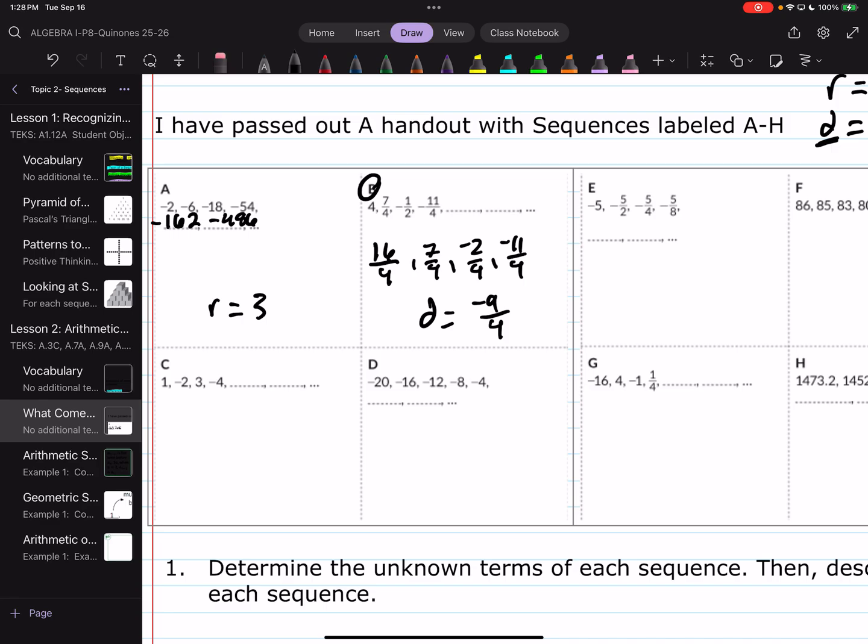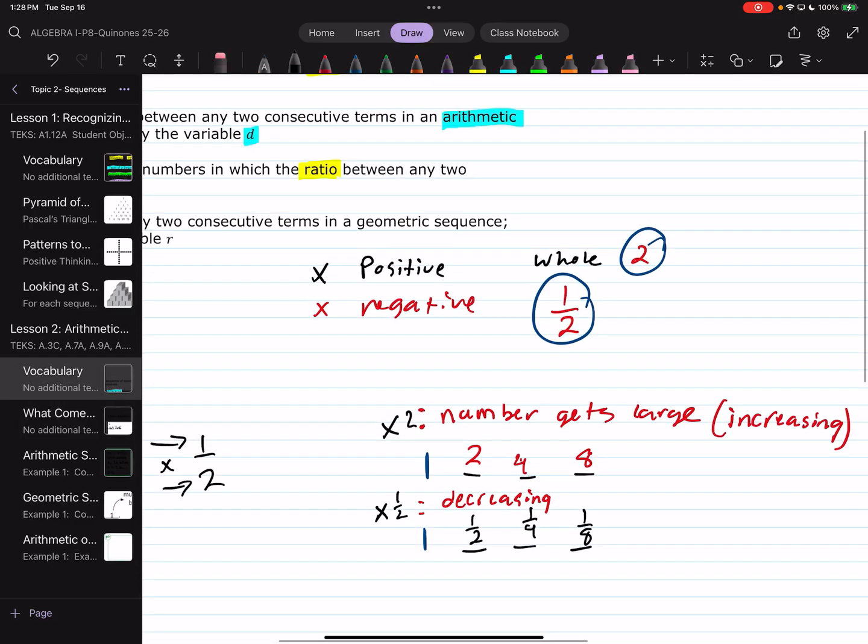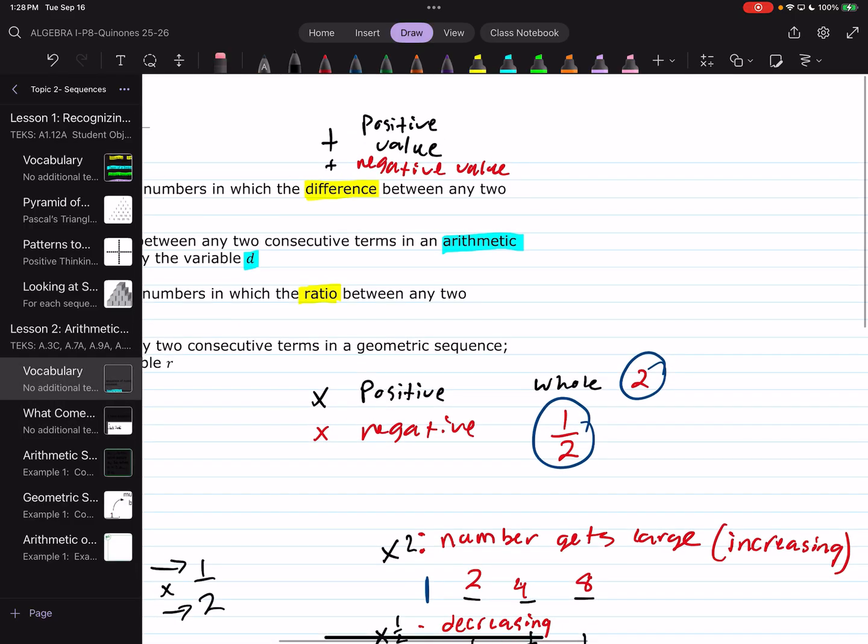Yes, okay. Shh, real quick. We talked about this at the beginning of class. We are adding values. We are not subtracting when we're going to the next term. So if we need to add a negative number, then that's what the difference is.